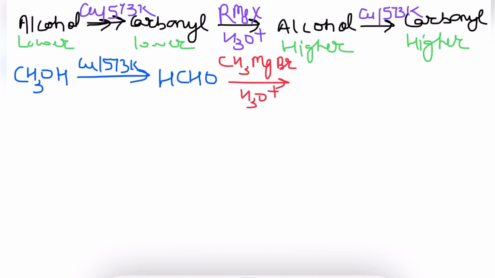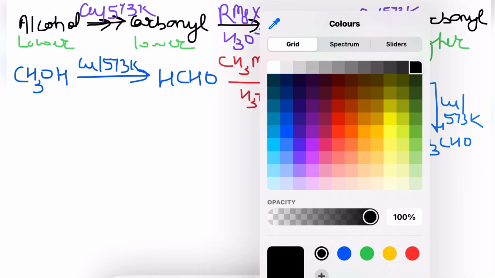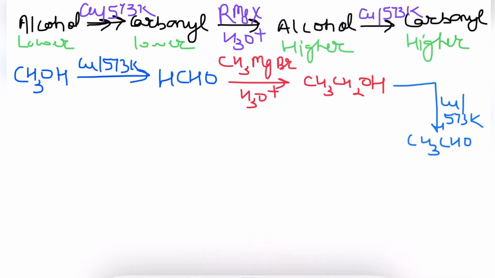On hydrolysis, it gives CH3CH2OH, a primary alcohol. This primary alcohol with copper at 573 Kelvin changes into CH3CHO, the aldehyde part.